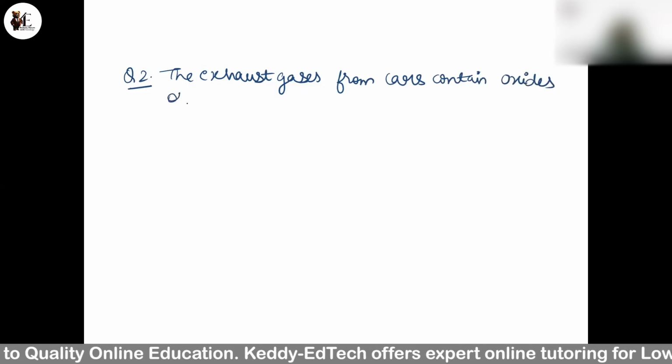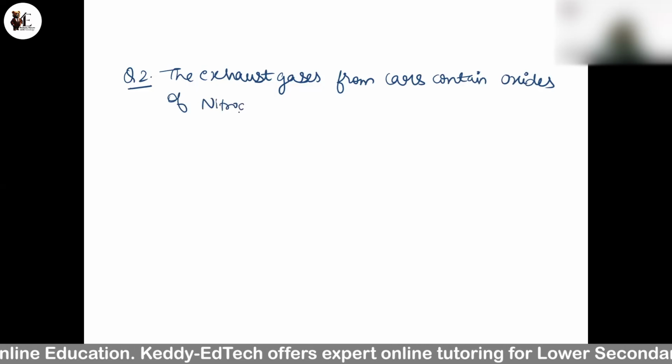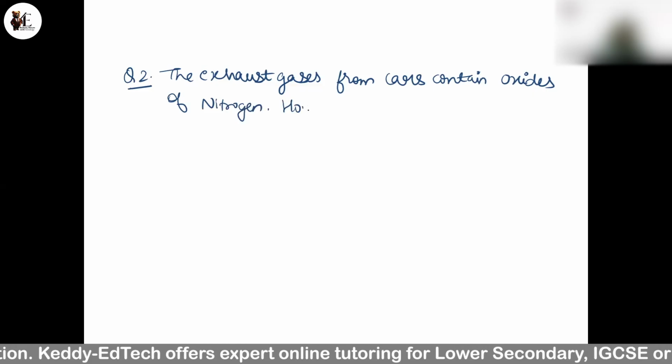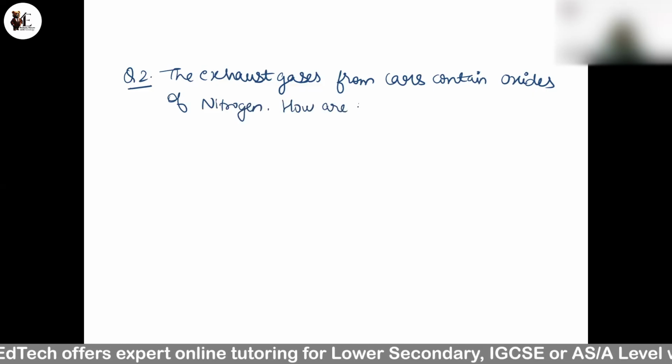The exhaust gases from cars contain oxides of nitrogen. How are these oxides of nitrogen formed?